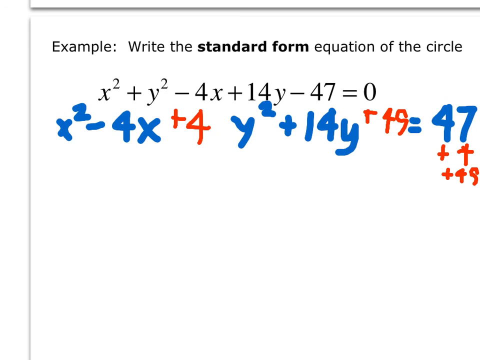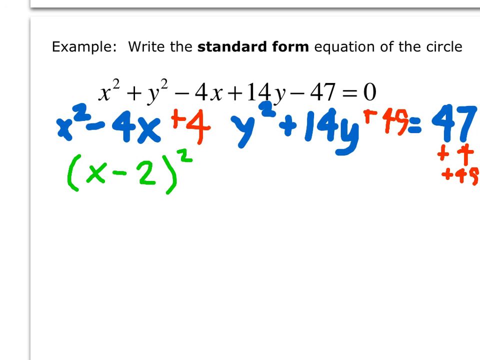Now remember, the whole reason we do this, completing the squares, is that by going through that process I should now have a perfect square for both my x's and y's. Looking at my x's here, the perfect square will be (x minus 2) squared.